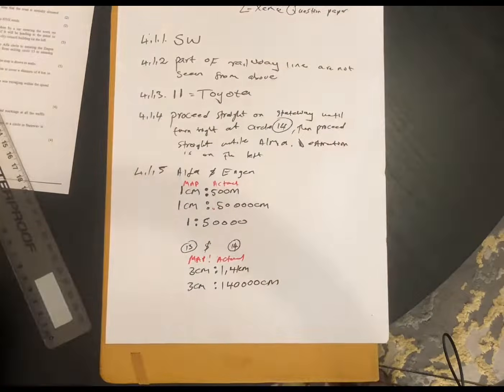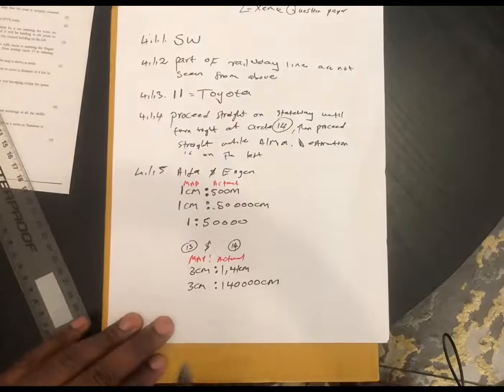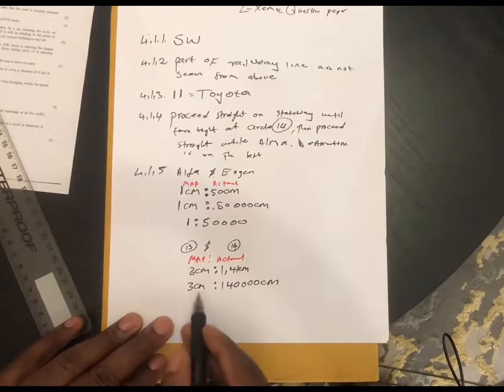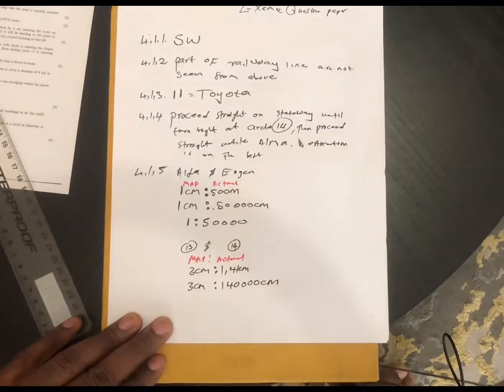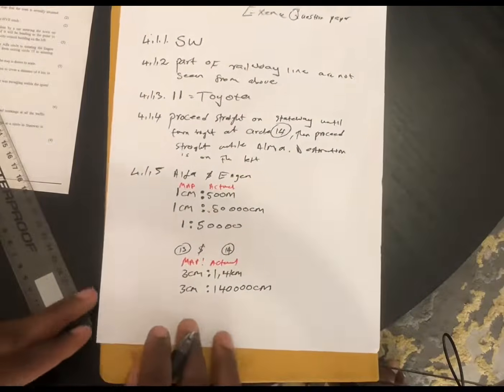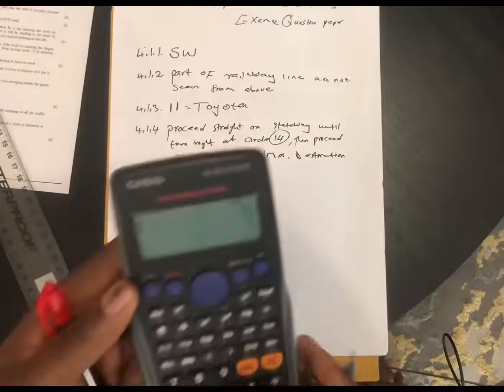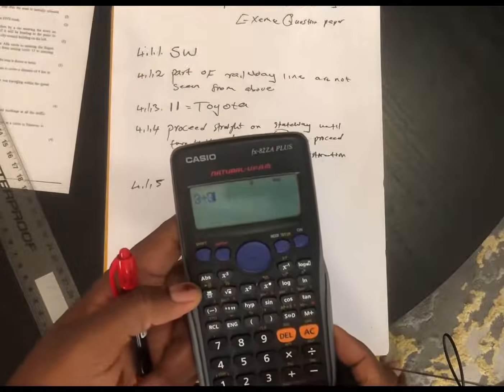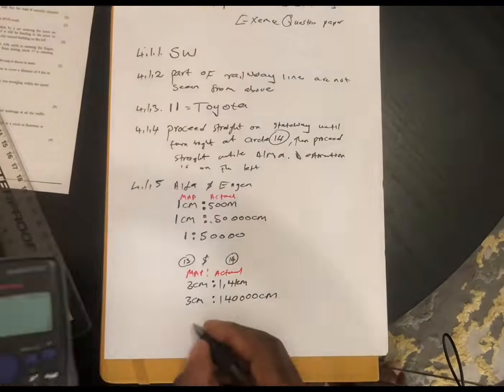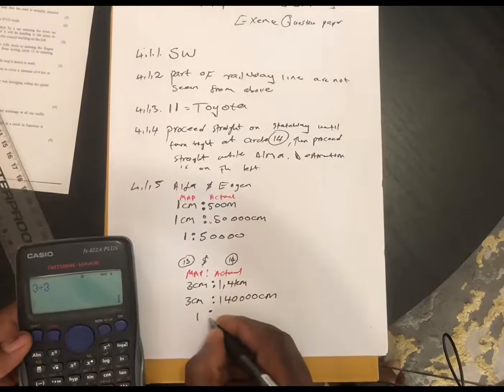Then obviously for us to write the scales, we have to have 1:something. We are going to divide everything by what? By 3 centimeters. When you divide 3 by 3, just take your calculator, the answer is 1. We're going to have 1:something.